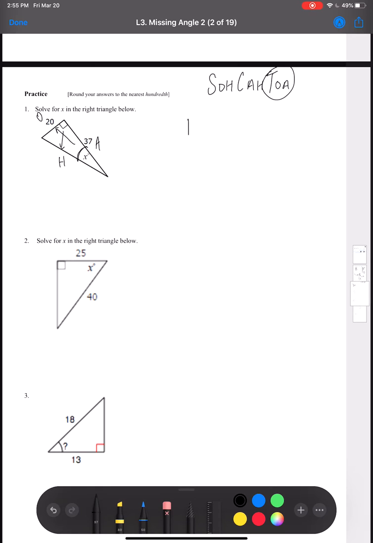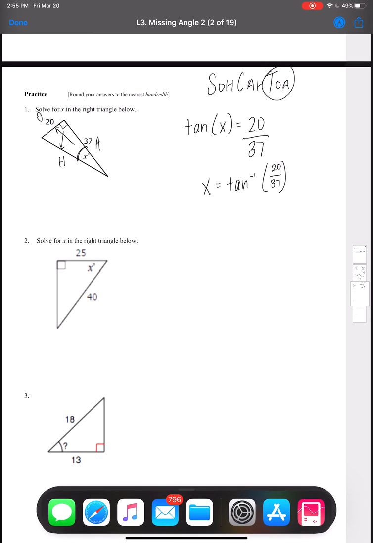So tangent of x is equal to the opposite side 20 divided by the adjacent side 37. So we know that x is going to be equal to the inverse tangent of 20 divided by 37.